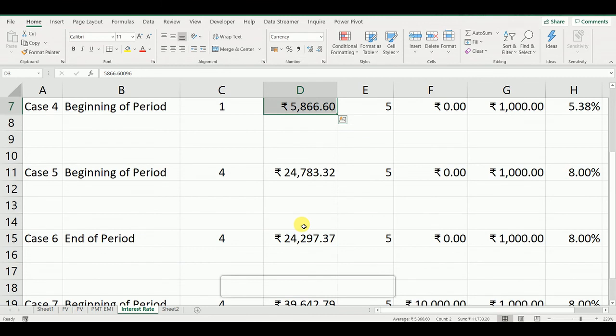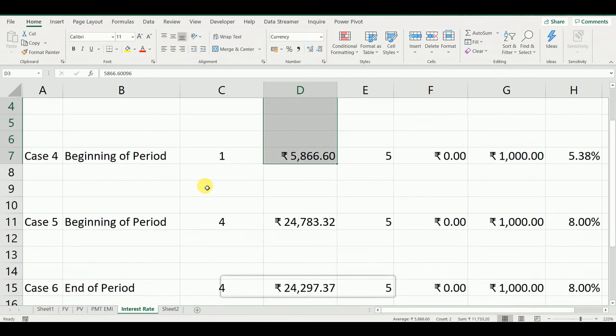So we will move to next case, in which the compounding is quarterly, and we want to invest 1,000 quarterly, and we want to get 24,783 after 5 years. So what is the rate of interest?